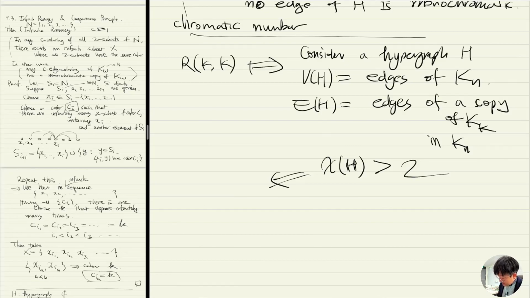But a monochromatic edge means that I can find a copy of Kk which is monochromatic. So this means that the Ramsey number of Kk is bigger than n. So these two things are related, in certain constructions. So if you can show that a hypergraph has high chromatic number, then the Ramsey number is big.